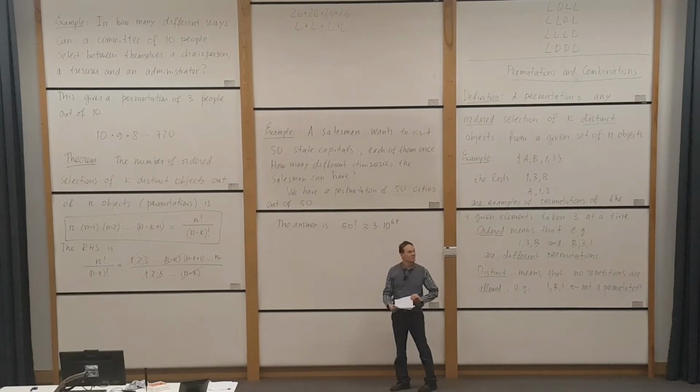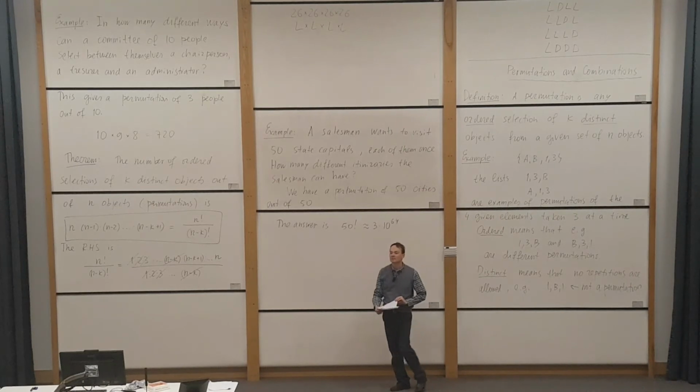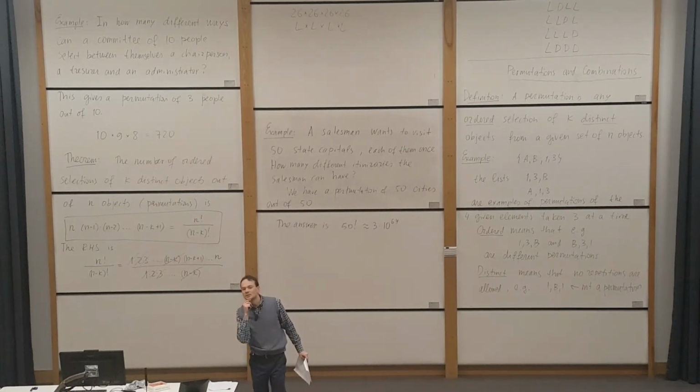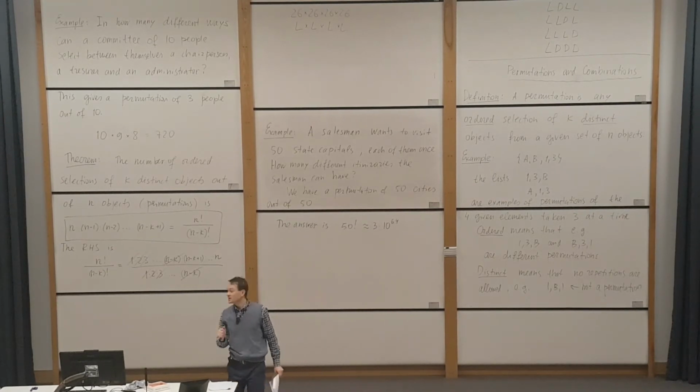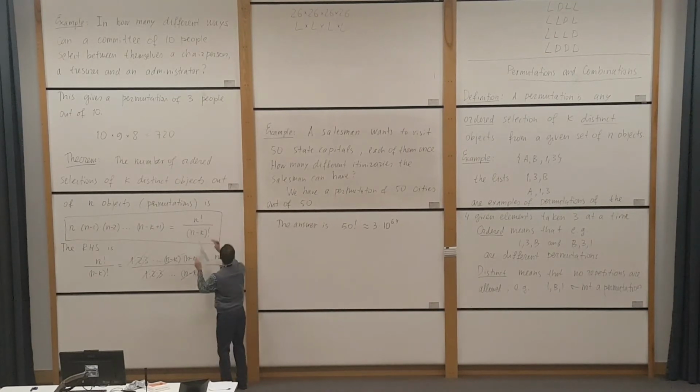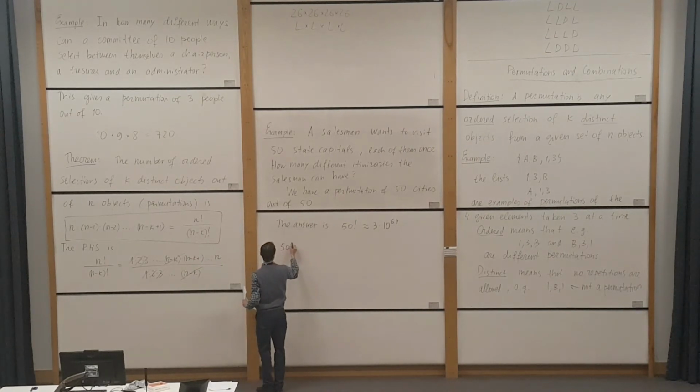Any questions on this problem? Do you folks see the 50 factorial as the answer? Yes? Oh, 0 factorial, that's right. Good question. If I literally just use that formula, I get 50 factorial divided by 0 factorial.